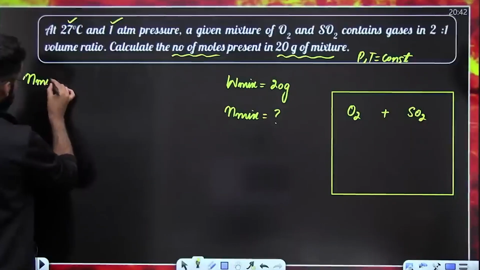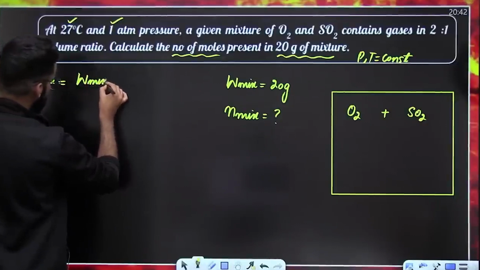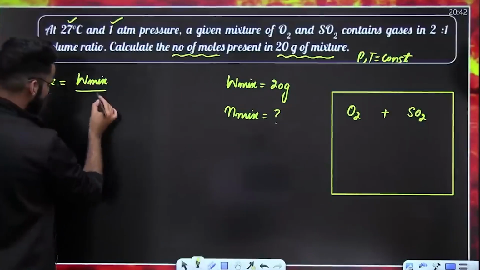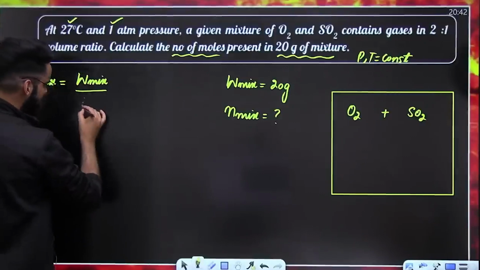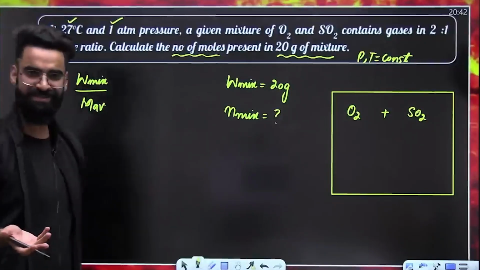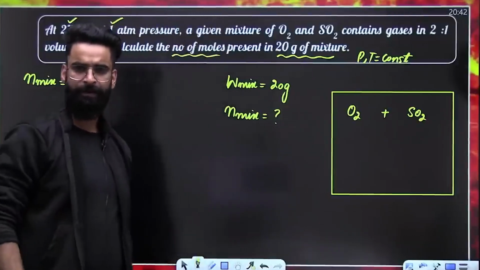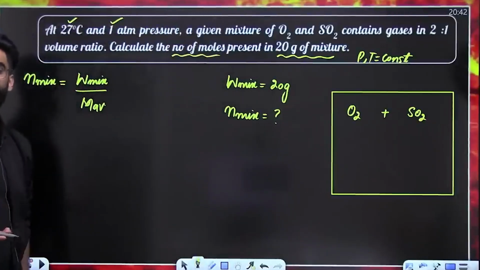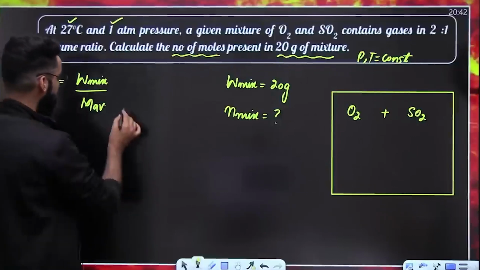I say it's going to be mass of the mixture divided by molar mass of the mixture, and the molar mass of the mixture is what you call average molar mass. As simple as given mass of the mixture divided by average molar mass of the mixture. That gives me the total moles present in the mixture.